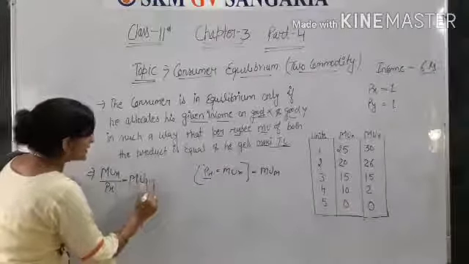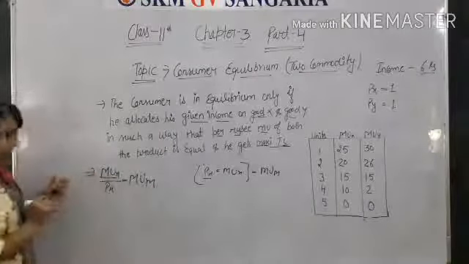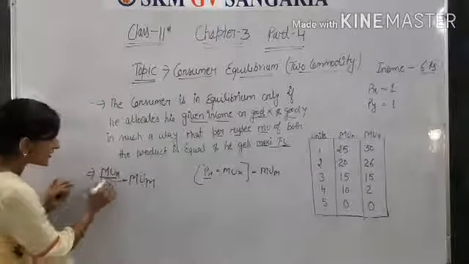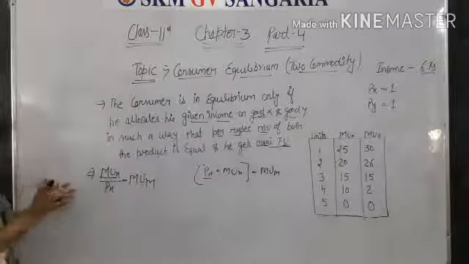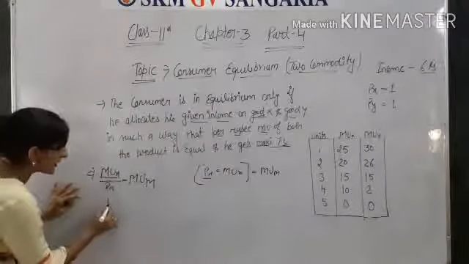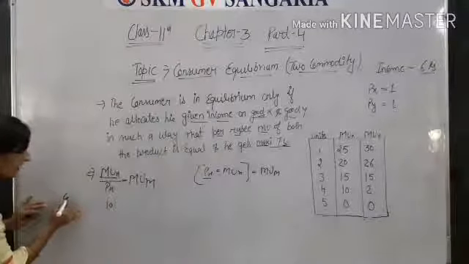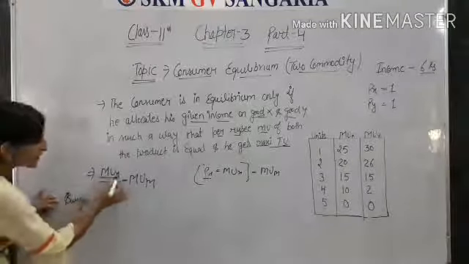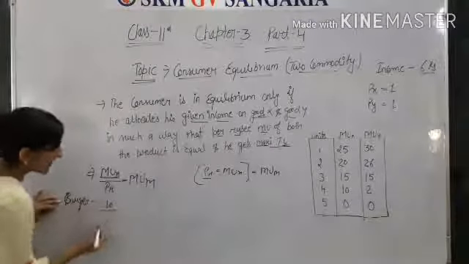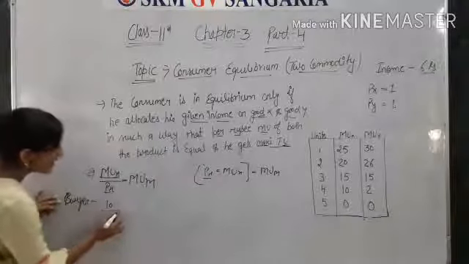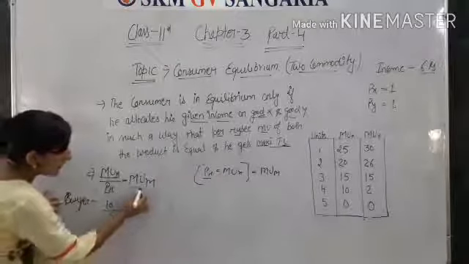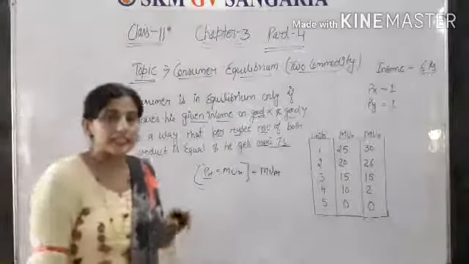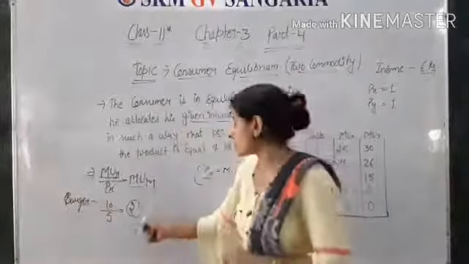It means the marginal utility of good X upon the price of good X. Here we can take that we are eating a burger. The marginal utility of the burger, good X, is 10, and the price of this is 5. So our MUm will be equal to 2, or we can say that the per unit utility we get from the good is 2.